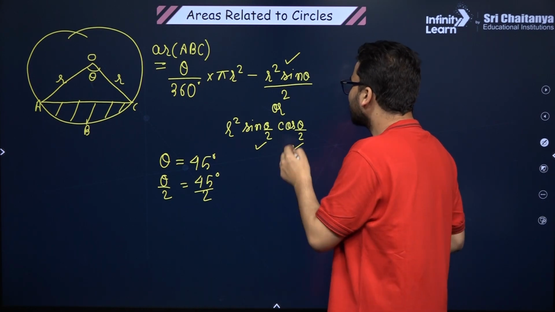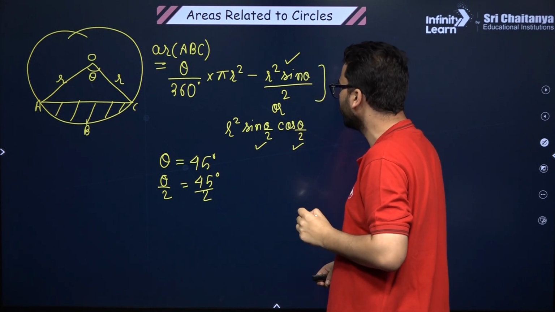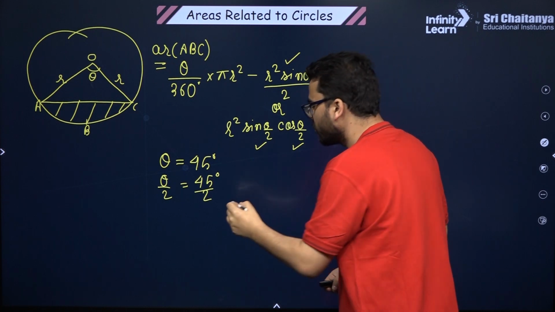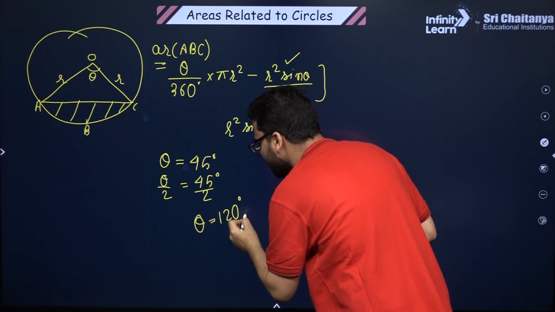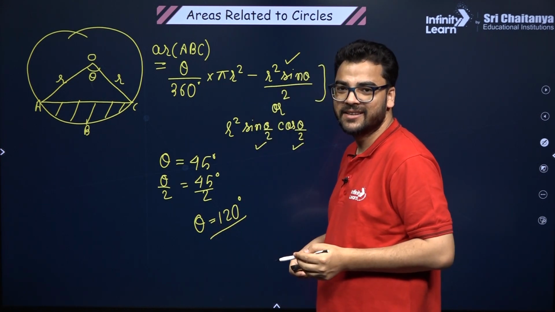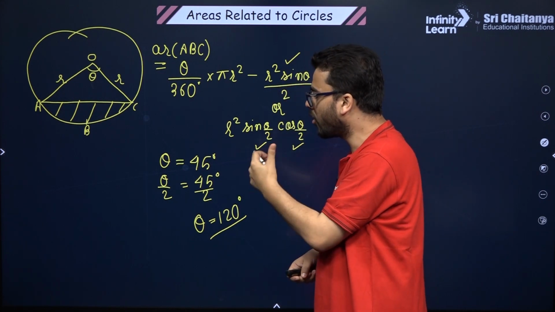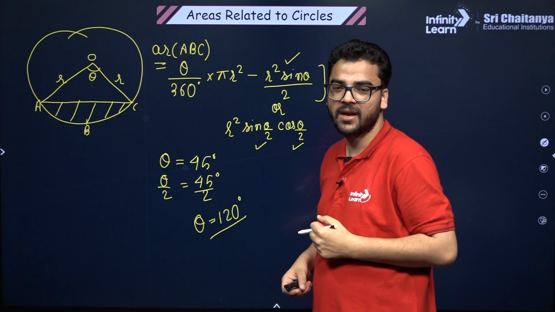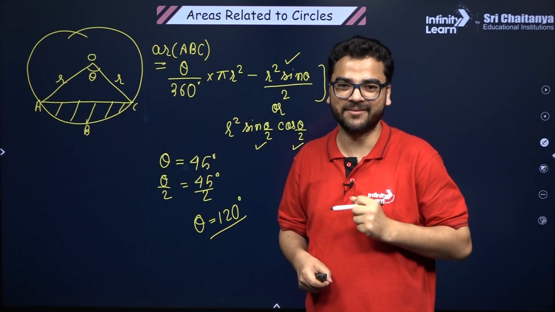And suppose you don't know this formula, and suppose theta is equal to 120 degrees. What will you do in this case? Do you know the value of sine 120 degrees? So both of these formulae are important. It depends on what angle is given in the question. So that's all we needed to see about formulae in this chapter.